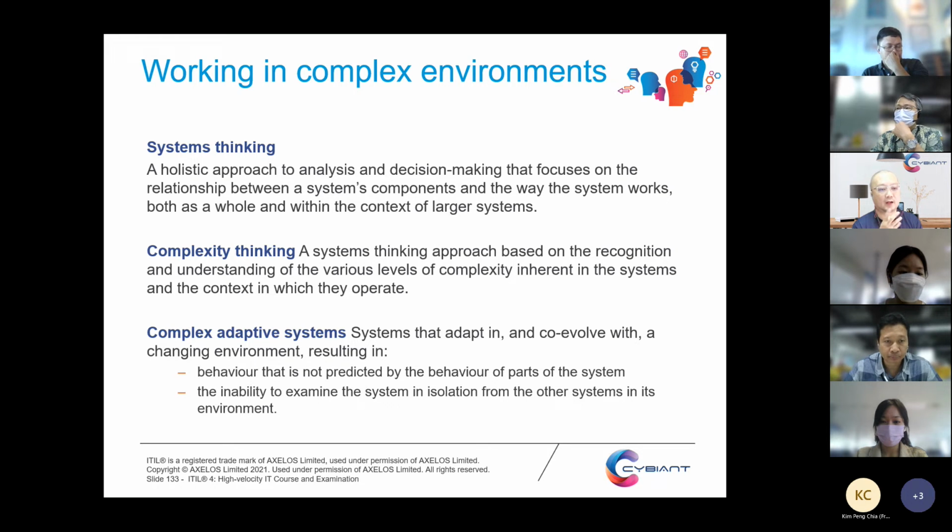Now, what's the difference with complexity thinking? Complexity thinking is slightly different from holistic. The difference is that the system or problem we're looking at could be affected by, interrelated with, or integrated with other systems as well.